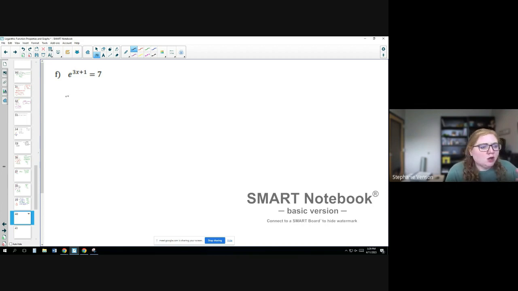Now, typically, we would know how to solve an exponential equation. You solve an exponential equation by writing the bases the same. But take a look at these two bases. The base on the left is e, and the base on the right is 7. There is no way that you can write an e and a 7 as the same base.